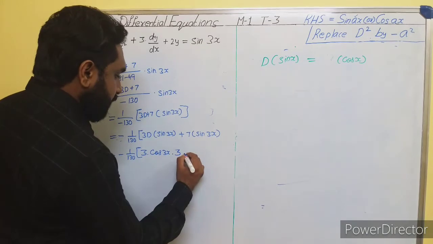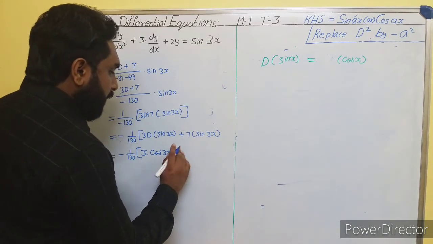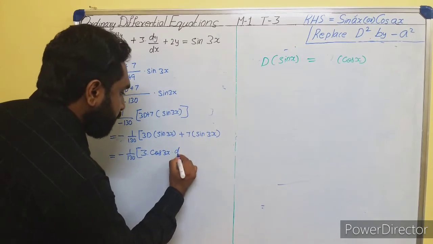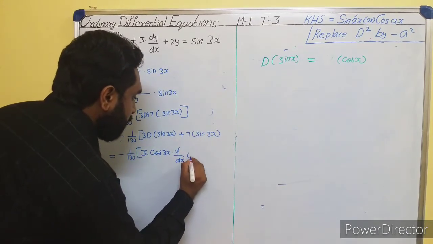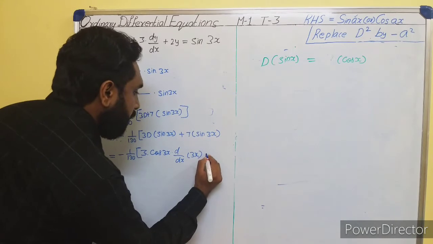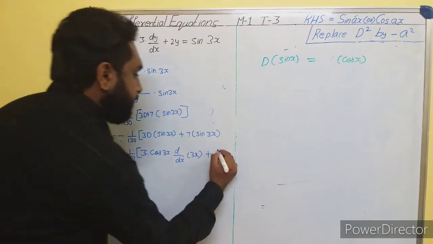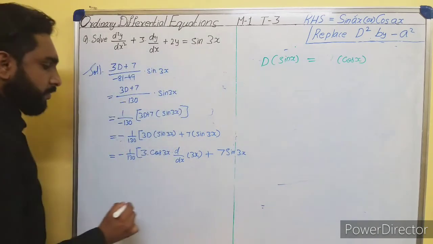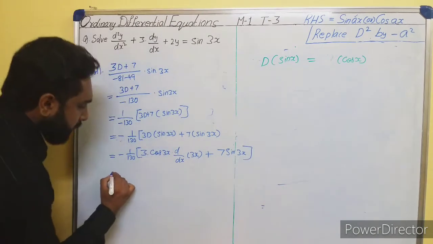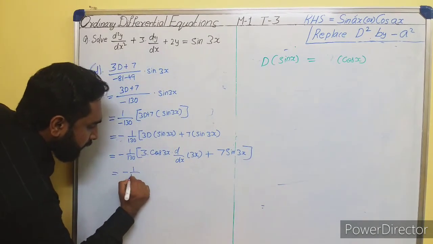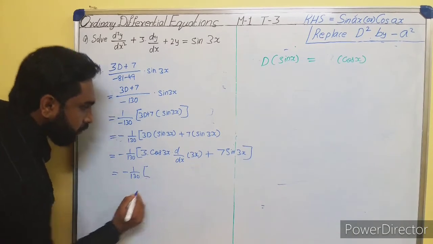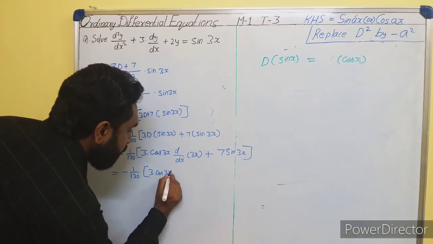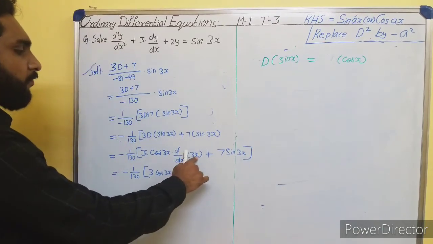plus, into d by dx of 3x, plus 7 sin 3x. That is equal to minus 1 by 130 into 3 cos 3x into d by dx of 3x.